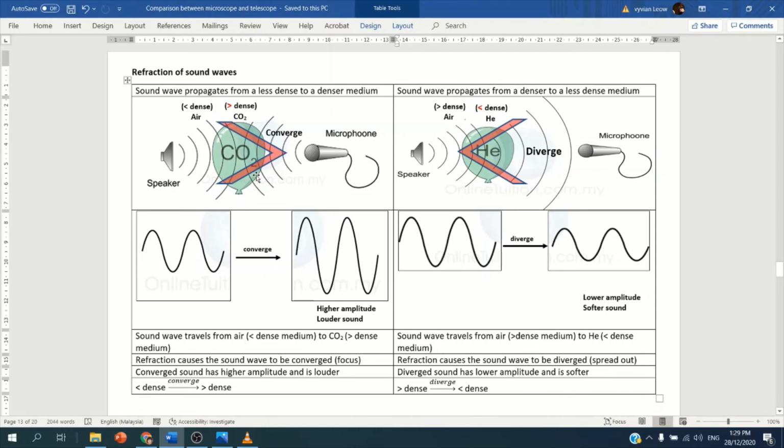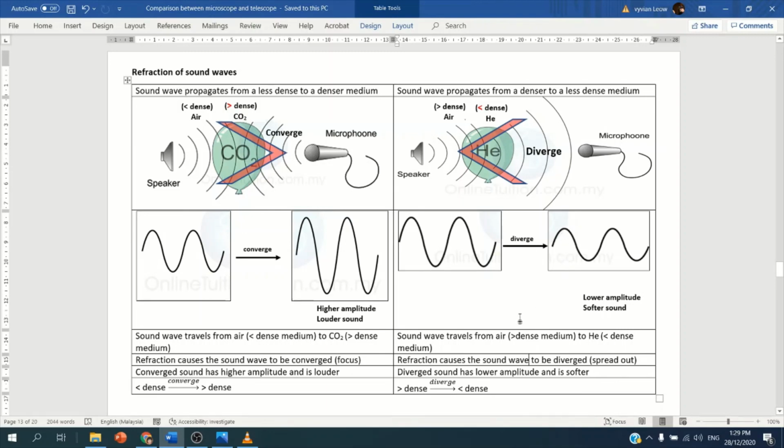So converging, so focus, so sound wave refraction causes it to focus, so it becomes louder, amplitude increases. As compared to if it is from denser to less dense, this symbol looks like spreading out, so it diverges, it spreads out, so therefore the amplitude decreases and becomes softer.